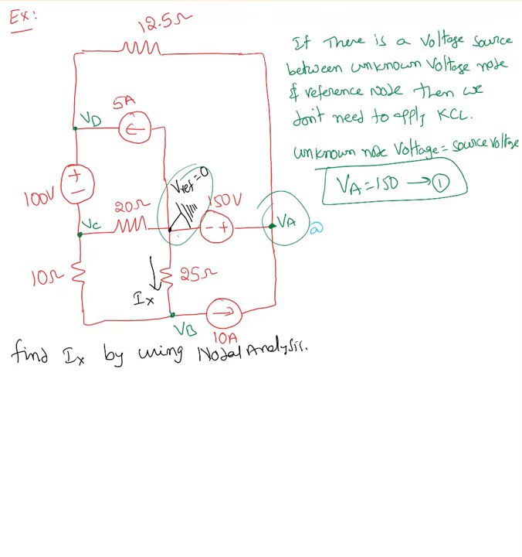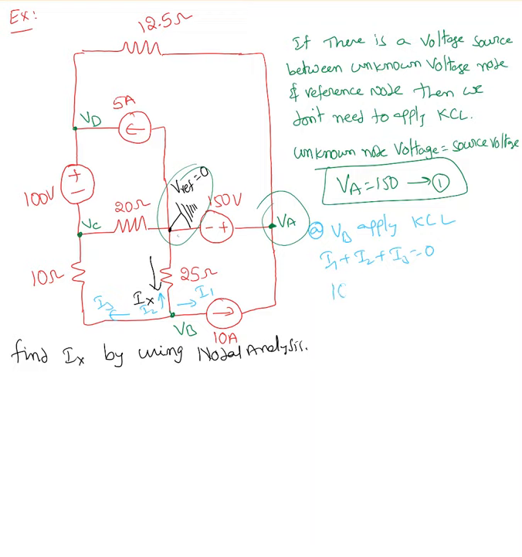Now VB, do we need to apply KCL? Yes, at VB apply KCL because there is no voltage source between VB and reference. I'm choosing every current going out: I1 plus I2 plus I3 equals 0.